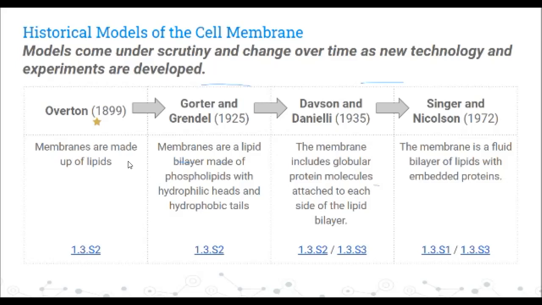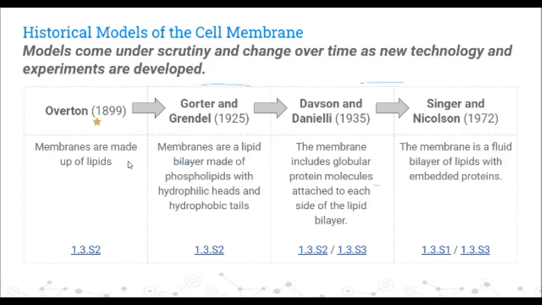Also, we have Davson and Danielli, that is 1935. They found out that although the membrane has lipids in a bilayer, on their surface there are protein molecules attached to each side of the lipid. That was 1935.